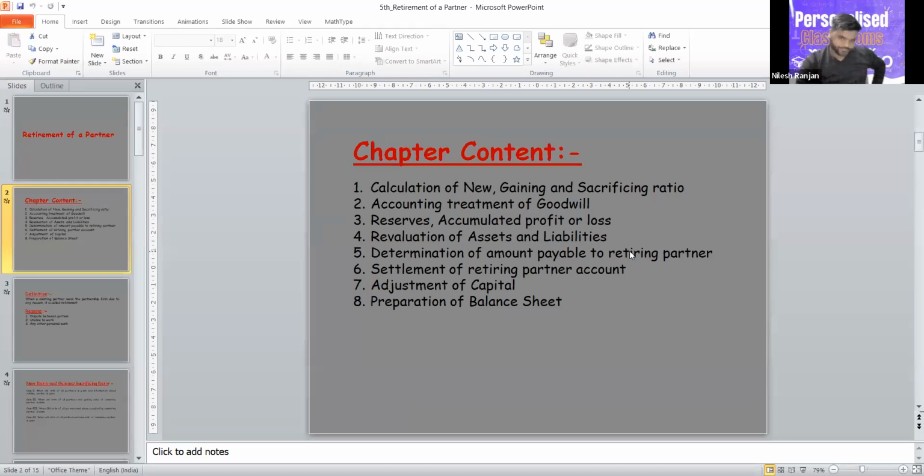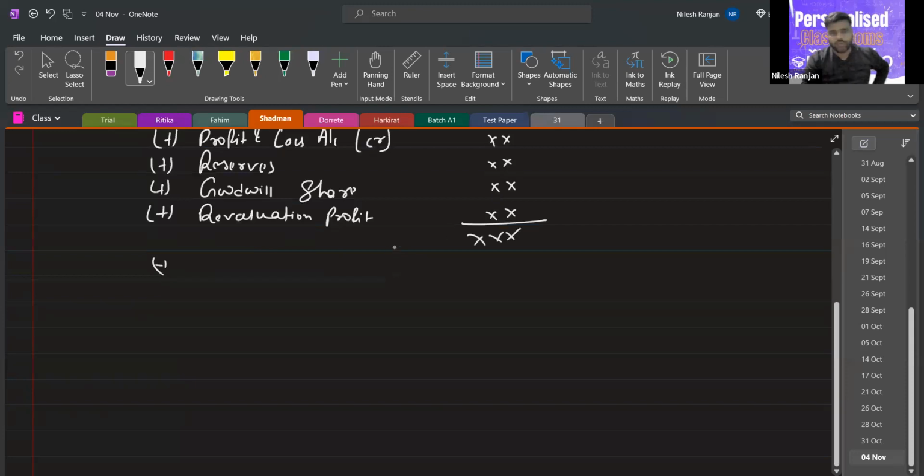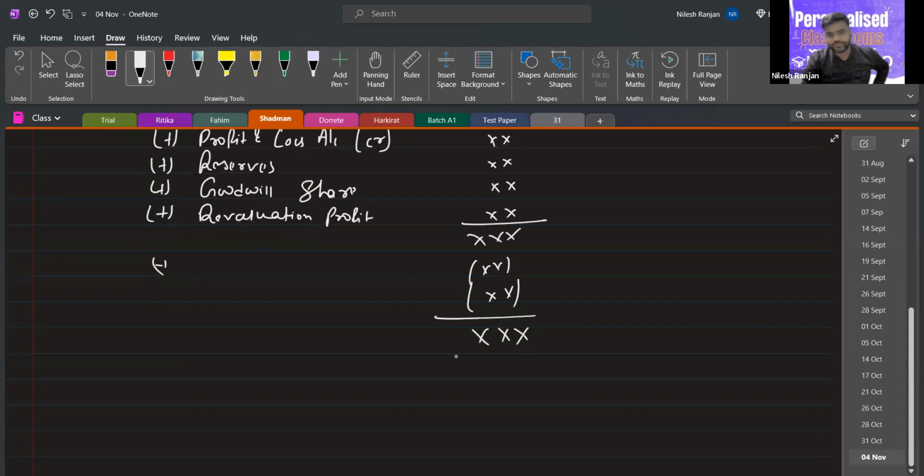Now, after this, there is a concept: after deciding this amount, writing all these amounts and deducting some amounts here, and after getting the balance, how will we pay this, how will we settle this?